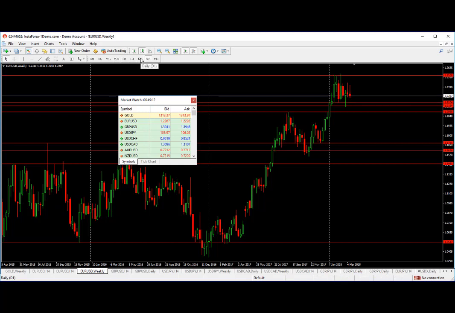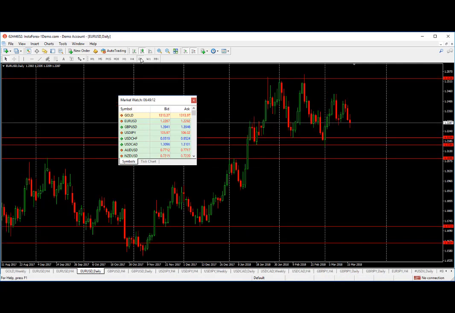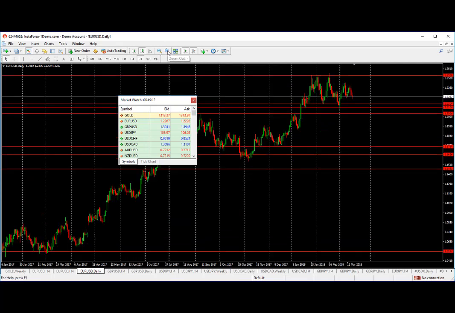But let's also quickly go down to our daily time frame. In our daily time frame, the pair is trading within a range. We saw a rally when it broke the resistance of 1.2204. It rallied up as high as 1.2530.